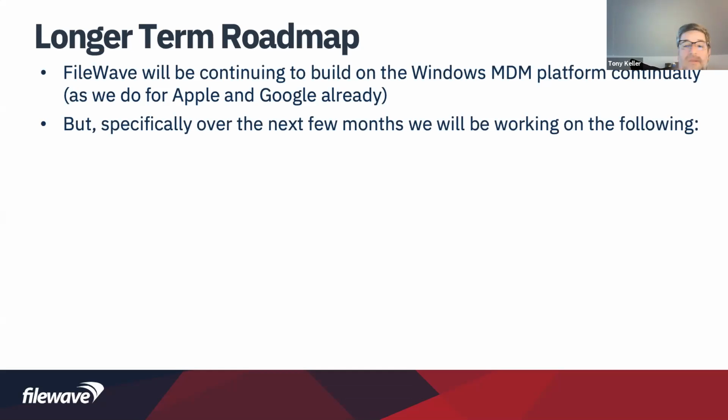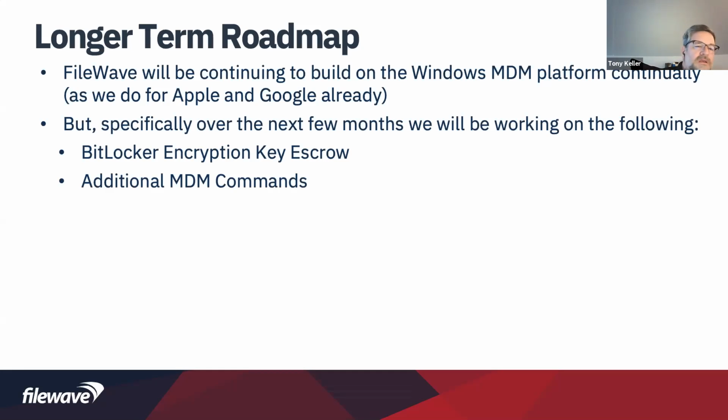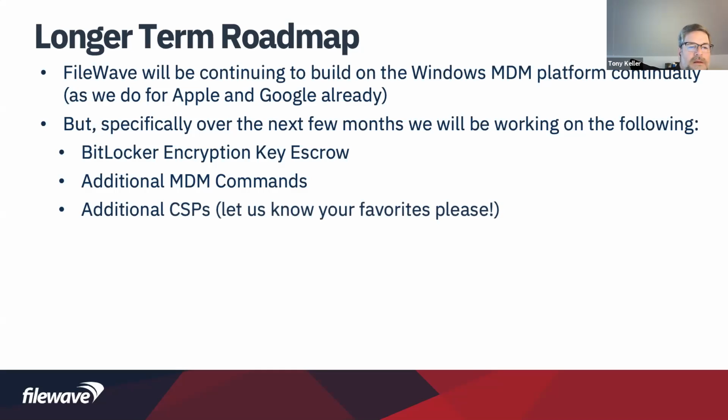So specifically, over the next few months, we're going to be working on BitLocker encryption key escrow. That's different than the BitLocker I mentioned on the tab on the sheet before, which was about just setting a policy to make a device encrypt. This is about actually escrowing that encryption key in FileWave itself. We're looking at additional MDM commands, other things in the framework that we've not included.